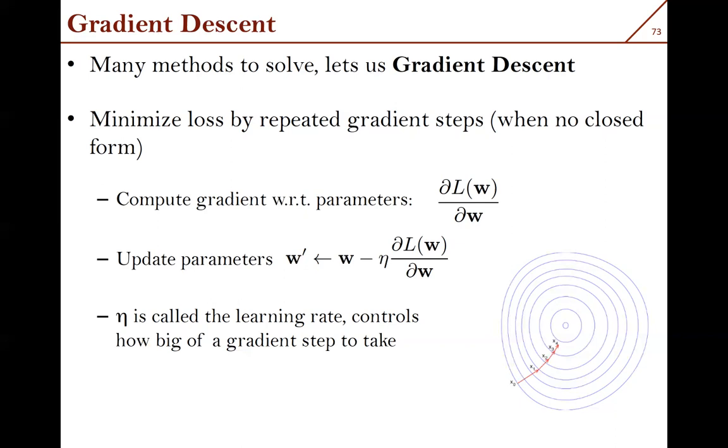So W prime is given by W minus eta times the derivative with respect to W, and eta is called the learning rate.